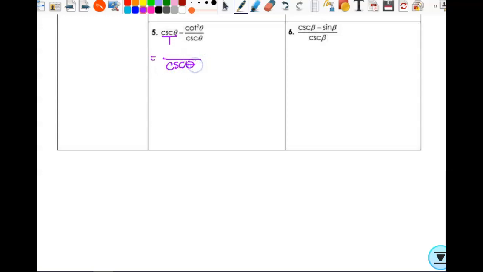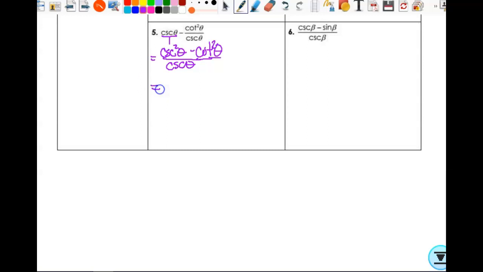Okay? Which means that first fraction has to be multiplied by cosecant over cosecant, right? So that means that the numerator becomes cosecant squared theta. The second one is fine, so that's minus cotangent squared theta. So once again, I can substitute something in for cosecant squared, right?